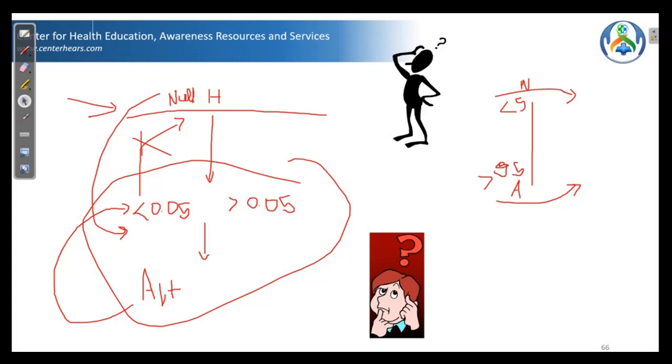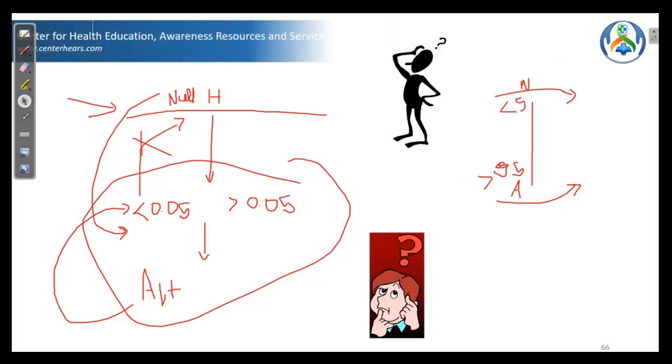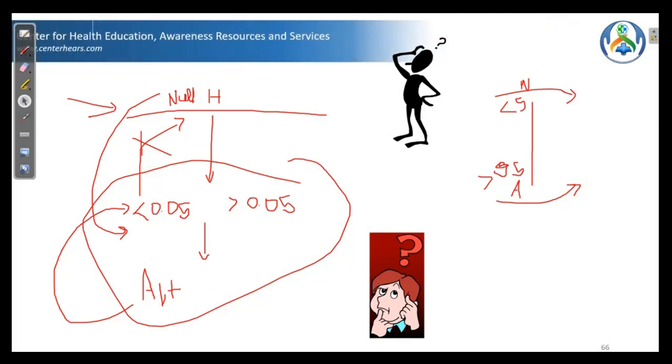So it is clear. If my p-value is coming less than 0.05, that clearly means my alternate is dominating, right?